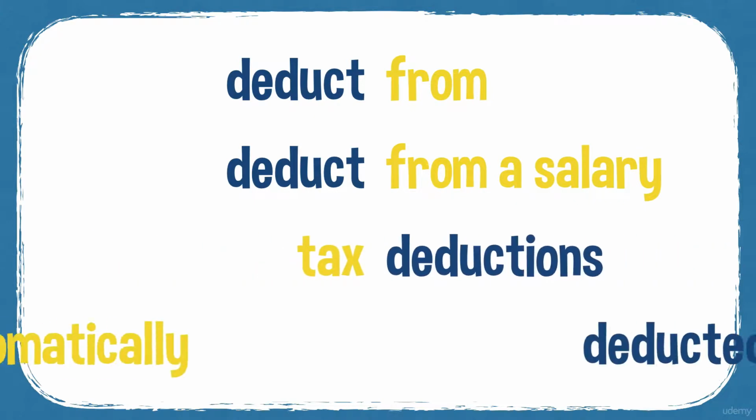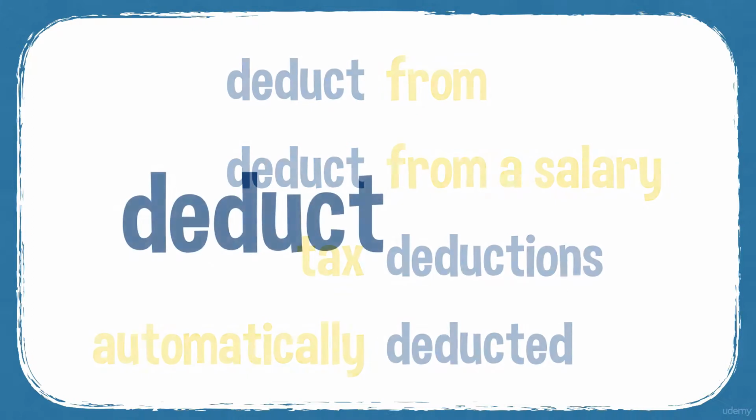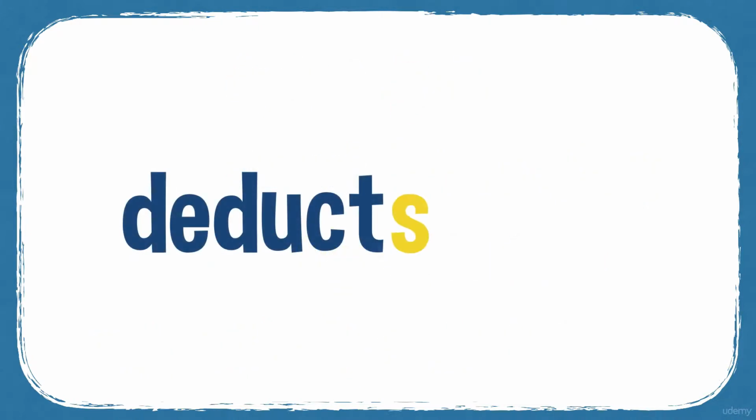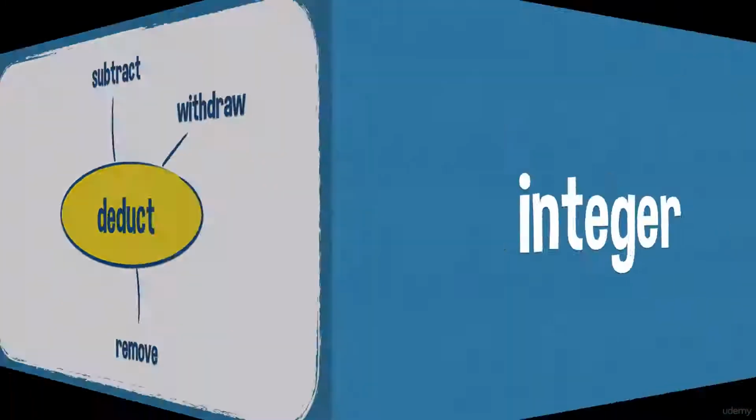You can have tax deductions automatically deducted. And deduct is a verb, so deducts, deducting, deducted. And deduction is the noun. A deduction. Some synonyms: subtract, remove, withdraw.